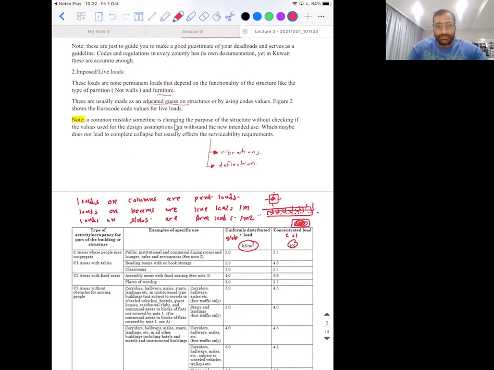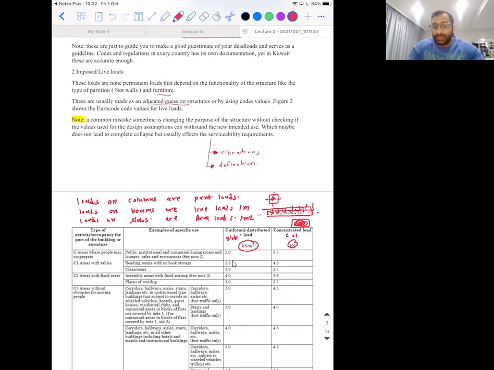What's the problem? We have a warehouse and we changed the warehouse, let's say you have a storage room in the house, like a storage area in the house. You needed a storage area in the house, so you turned the bedroom into a storage area. You changed the function of the room from a bedroom to a storage room. It makes a difference.